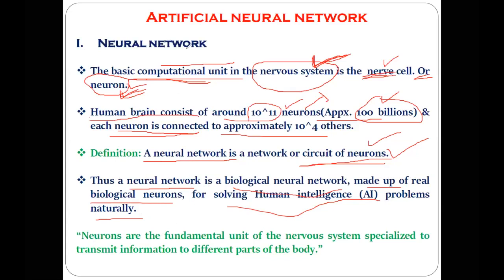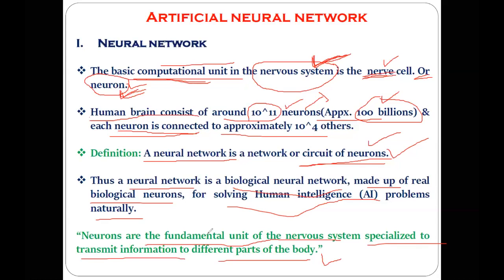Neurons are considered the main or fundamental unit of the brain or nervous system, specialized to transmit information to different parts of the body. The neural network is formed by connecting different kinds of neurons together.